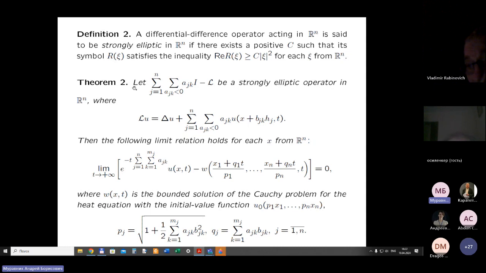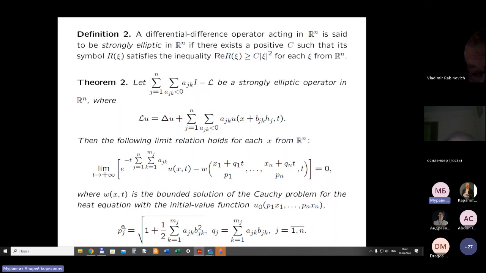Now, theorem 2. Let this operator be strongly elliptic in R^n, where this symbol, L calligraphic, denotes this operator. And then the following limit relation holds for each x from R^n.